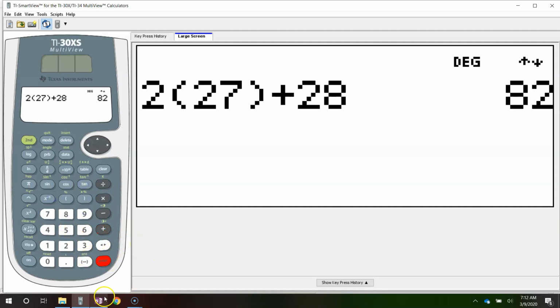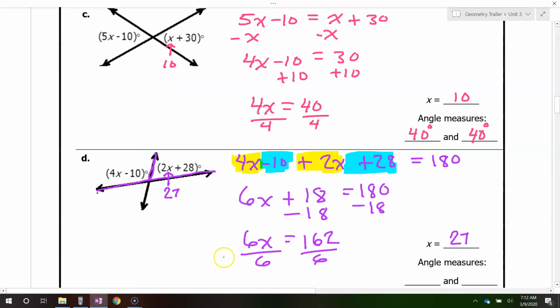And that is 82. All right, so one angle is going to be 82 degrees. But these have to be supplementary, so the other angle must be 98 degrees. So they will add up to 180.